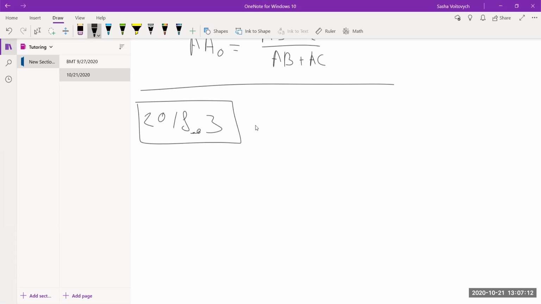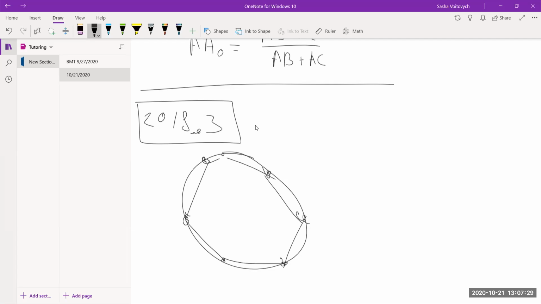So we're asked a question. We have a circle, endpoints are randomly placed on it, and we have to figure out what is the probability that the origin of the circle is contained inside this n-gon.